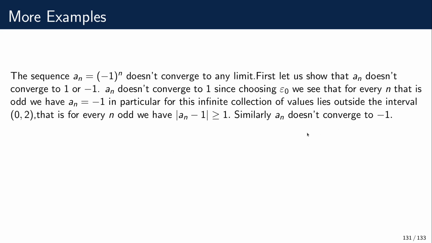Similarly, we can do the same for minus 1. In the sense of the definition, for every number that you choose, as big as you please, you can always find an index bigger than this number such that the distance of the element with this index from 1 will be greater than 1. Because this open neighborhood of 1, from 0 to 2, fails to contain infinitely many elements of the sequence.